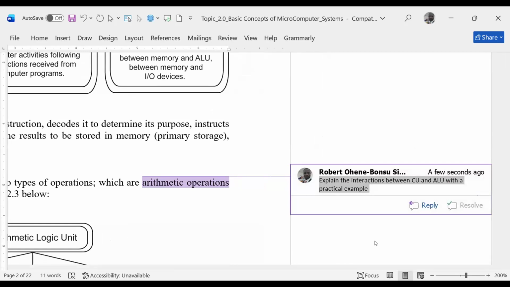Good. Have you seen this is the one I've highlighted? Someone should read for us.